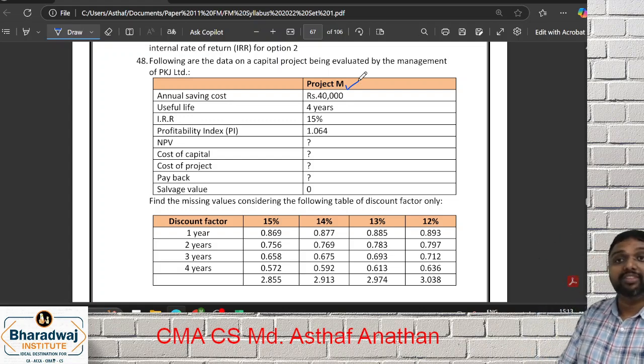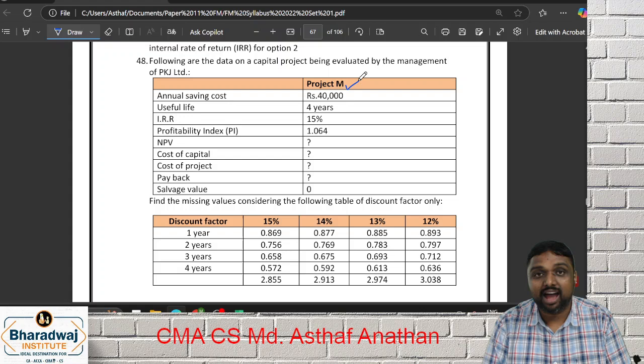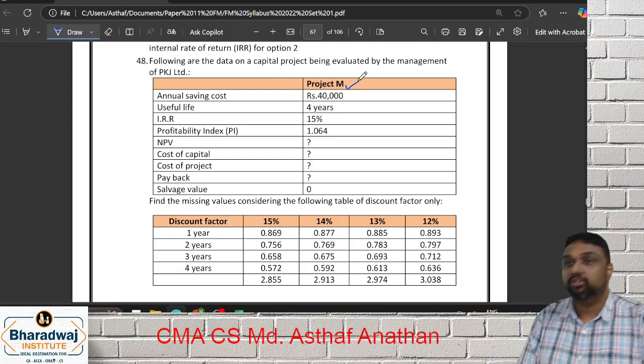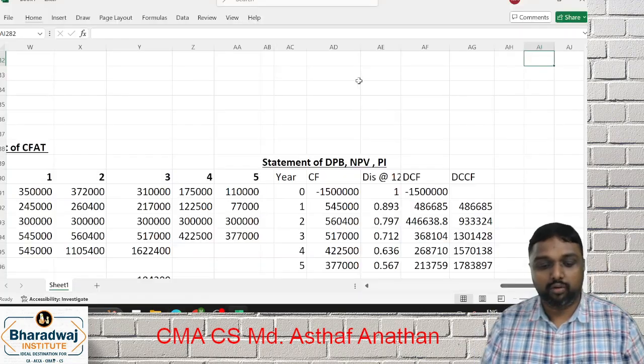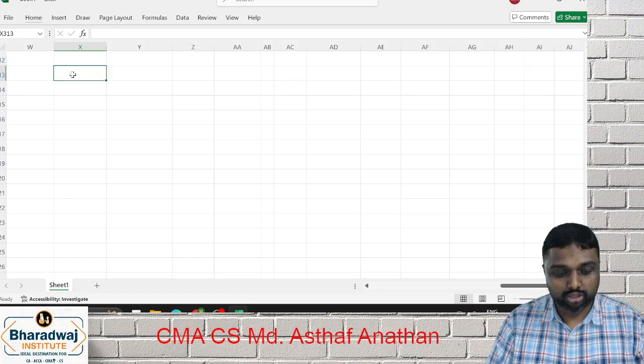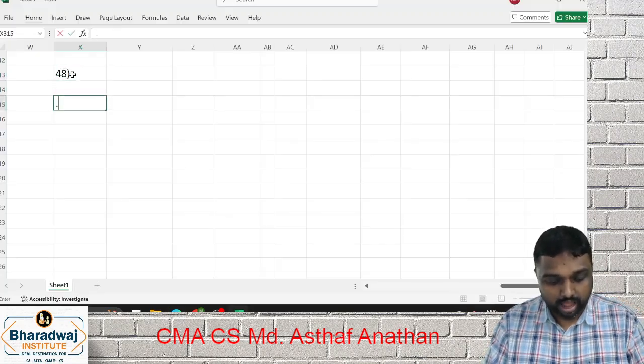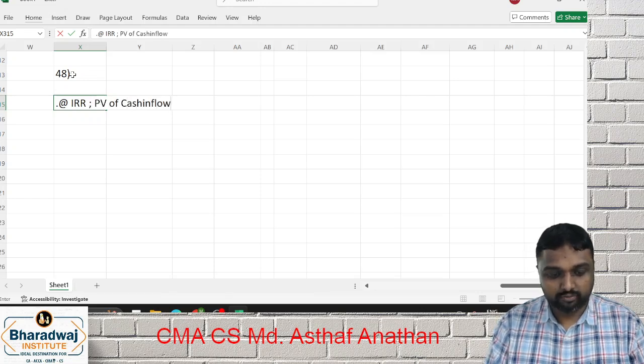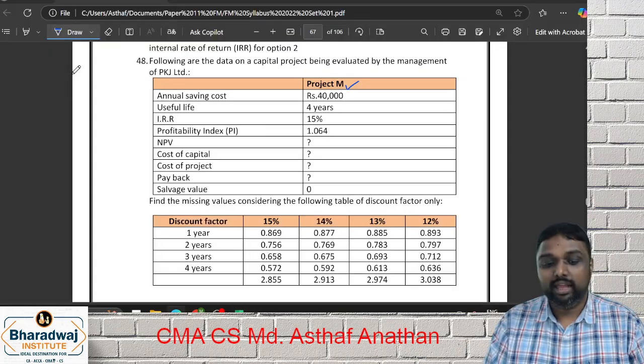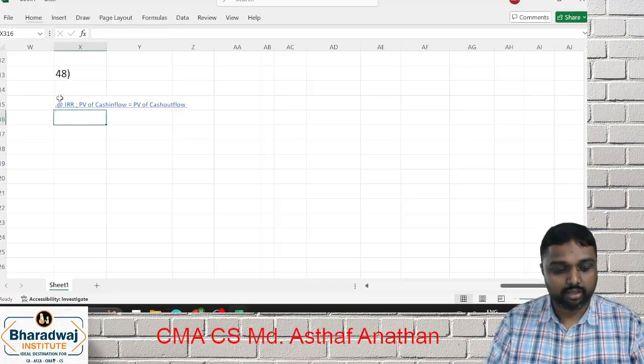You have to approach with IRR. At IRR, present value of cash inflow is equal to present value of cash outflow. So a very good question.